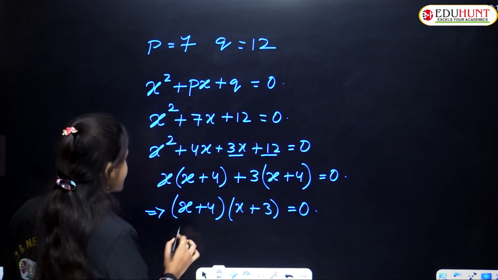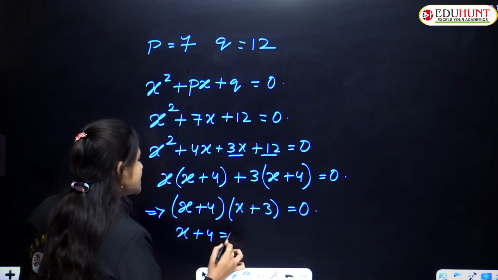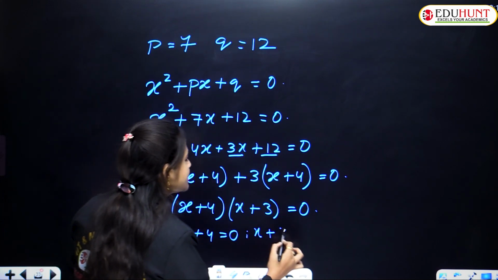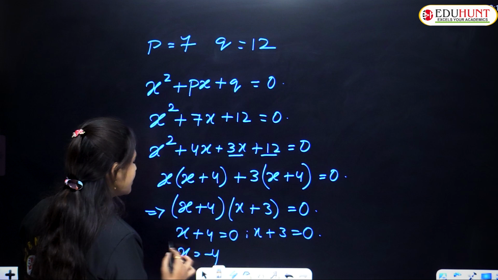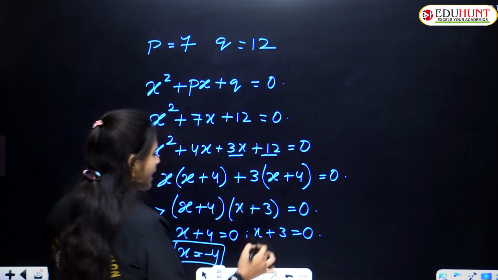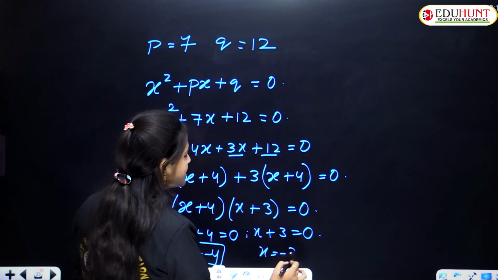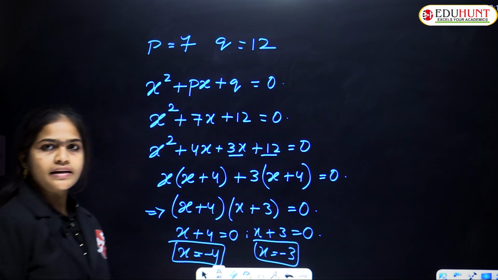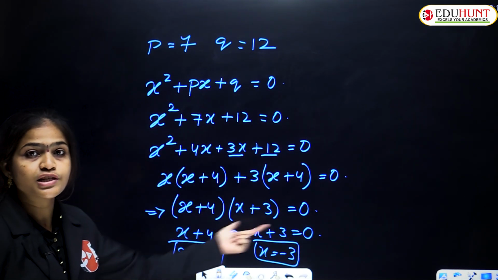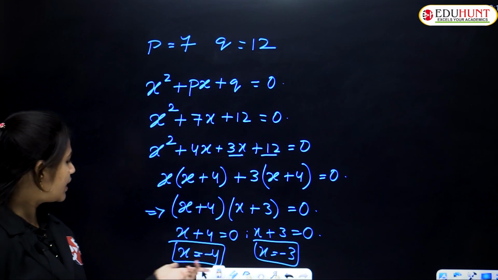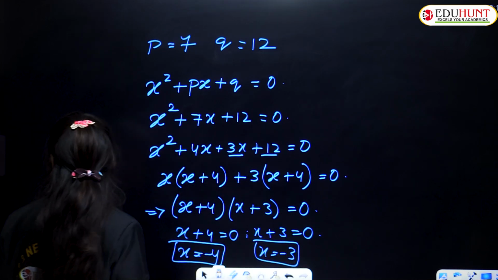So x plus 4 is equal to 0, x plus 3 is equal to 0. So x is equal to plus 4 becoming minus 4, and here x is equal to plus 3 becoming minus 3. Understand? So what are the roots here? The correct equation, and these two are the correct roots: minus 4, minus 3.